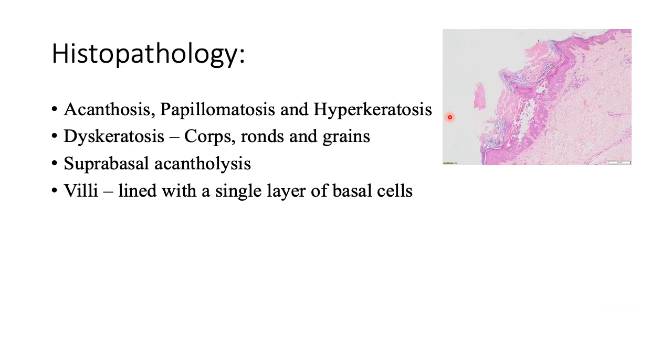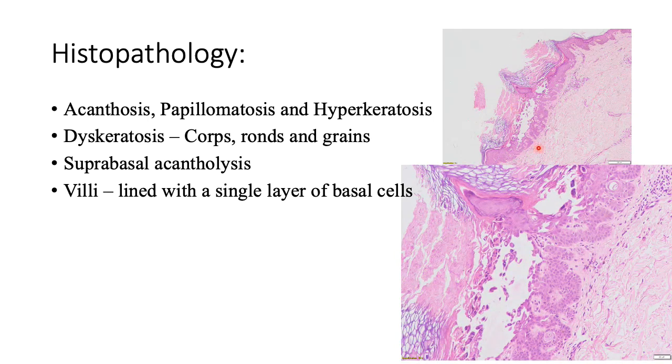So the lesions of Darier's disease mainly show acanthosis, papillomatosis, and hyperkeratosis. This is the microscopic picture of Darier's disease in low power view. In this disease, dyskeratosis is very characteristic and very prominent in the form of corps ronds and grains formation. In high power view, you can see there is suprabasal acantholysis with dyskeratosis.